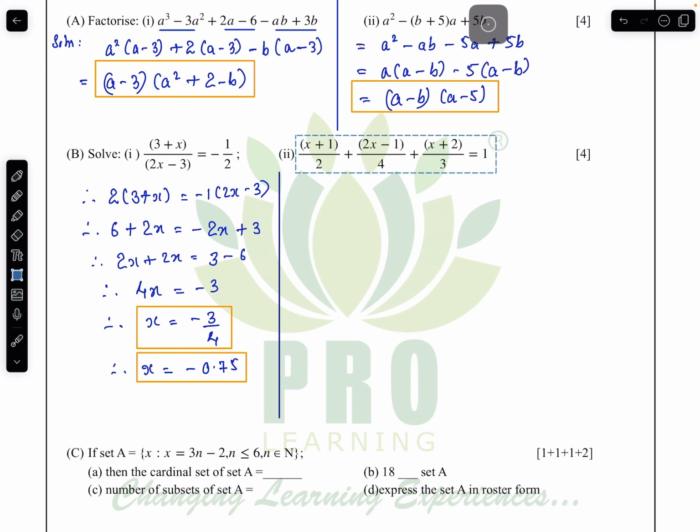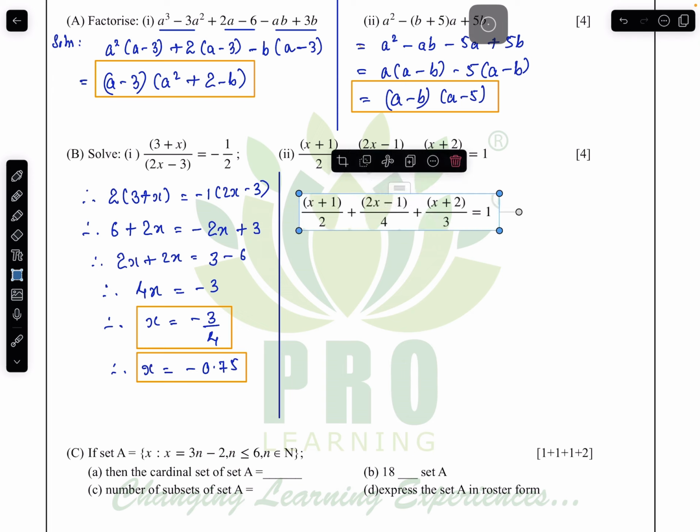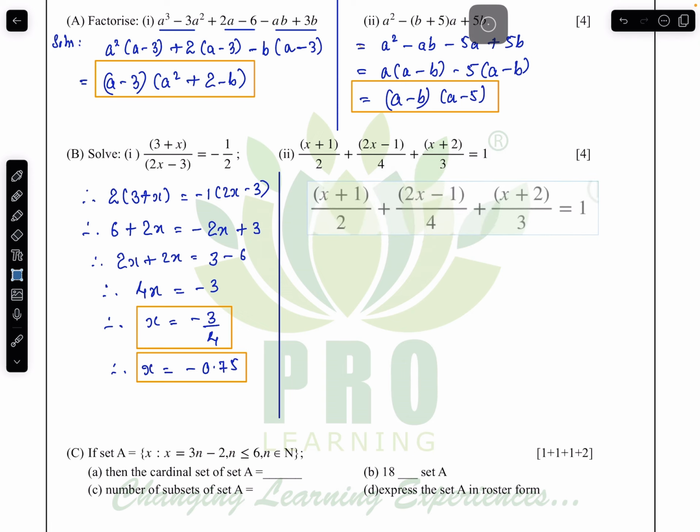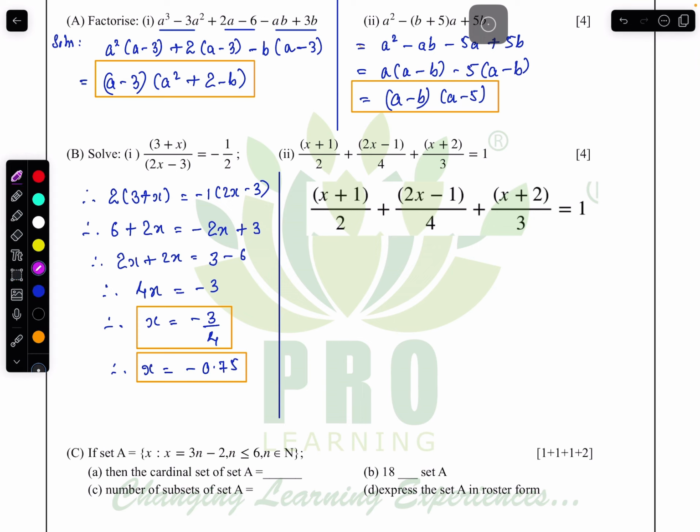We are multiplying each term with 12: this with 12, this also with 12, this term also with 12, and this one also with 12. Each of these terms is multiplied because it is an equation. We have done it on either side, so mathematically it is balanced.